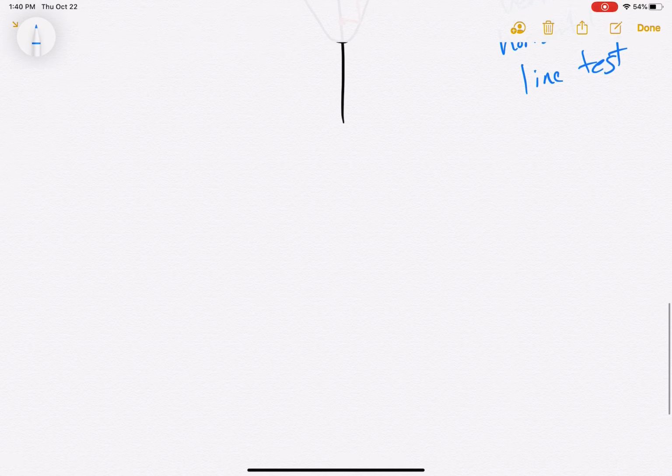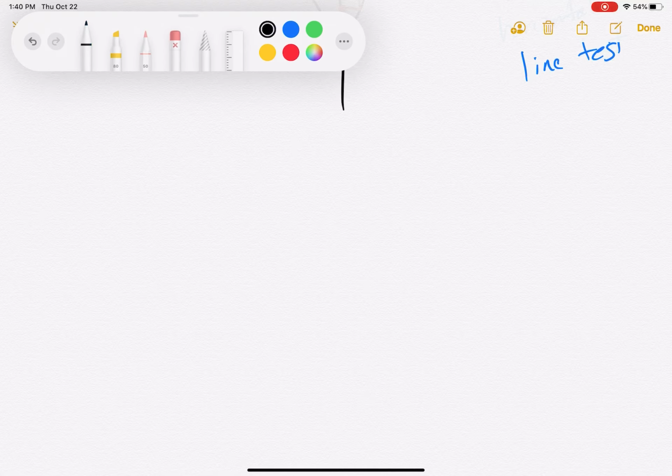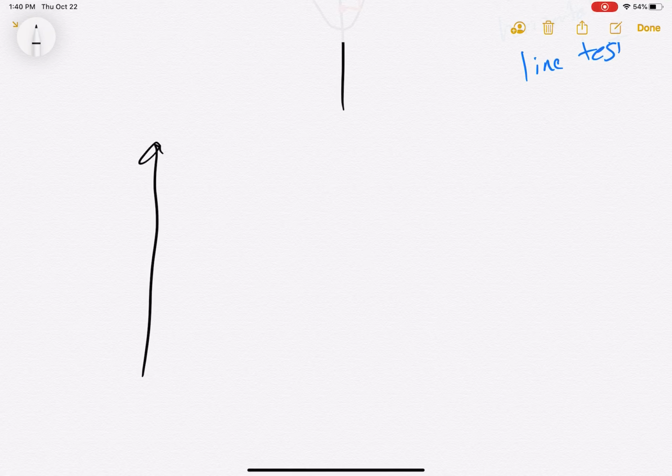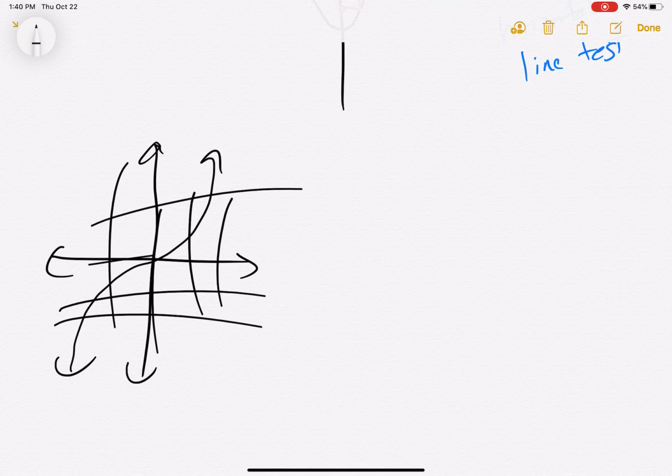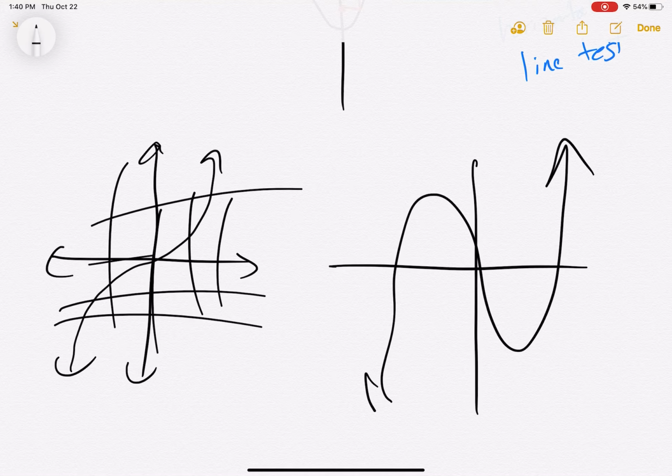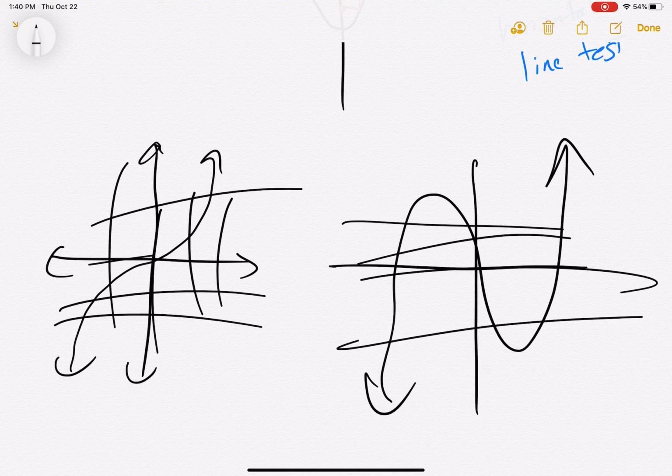So knowing that, it's pretty easy to say something like this. Sure, that's one-to-one. It passes my vertical line test and my horizontal line test. Something like this, big fat no, does not pass the vertical line test. So it's not one-to-one, okay?